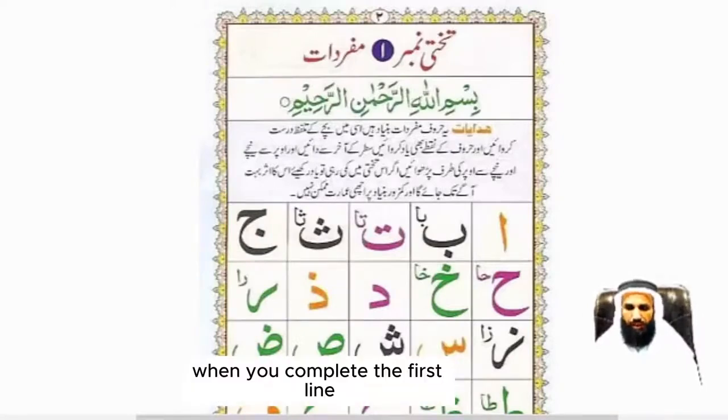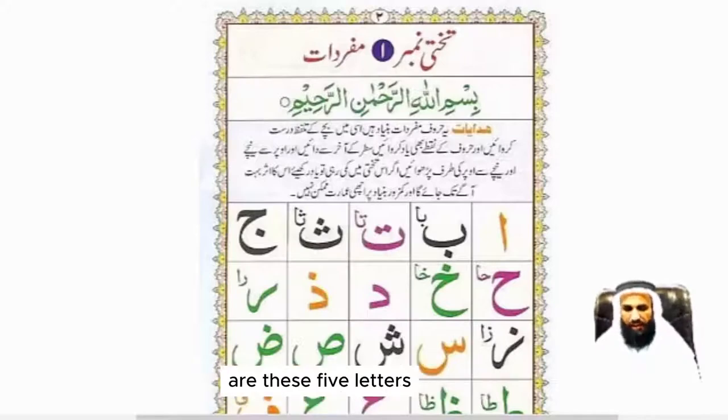When you complete the first line, ask the student to repeat these five letters, the first line, from Jim to Alif.